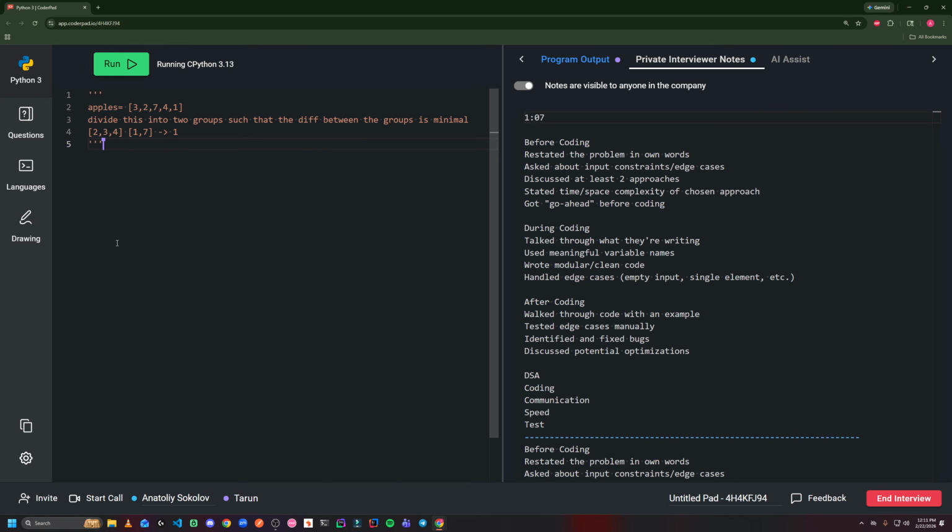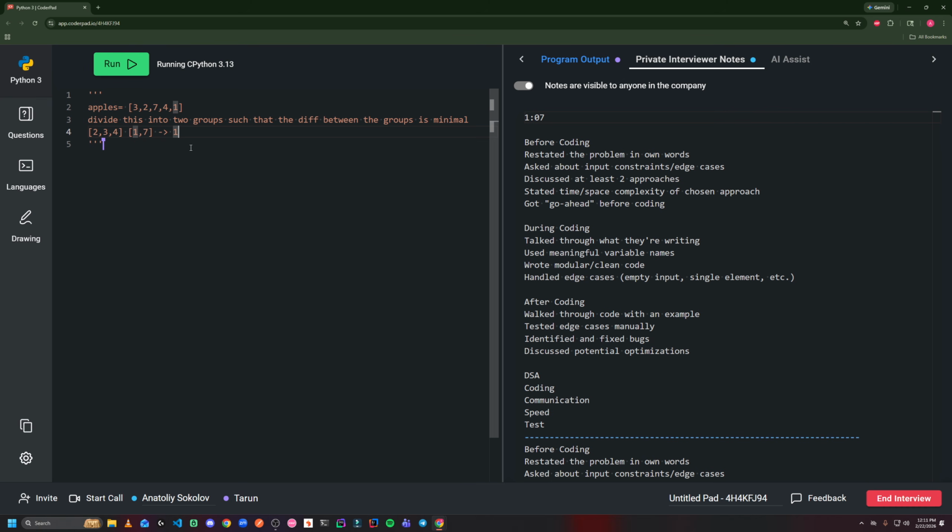So basically, the brute force way is maintaining two queues, and I'm going to iterate through every apple.